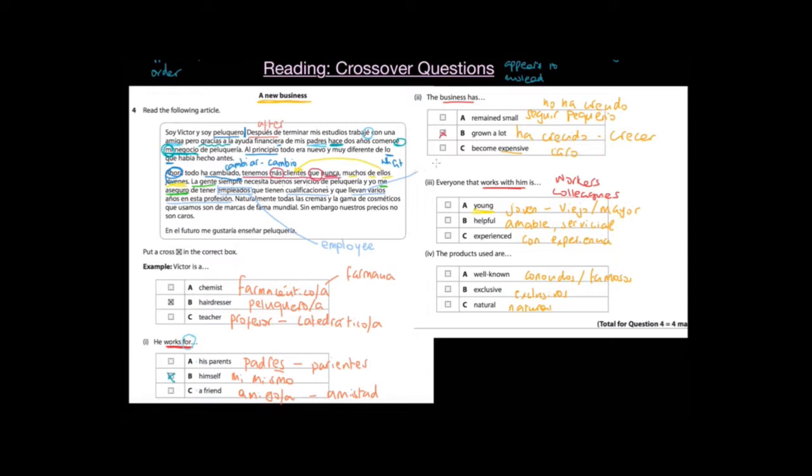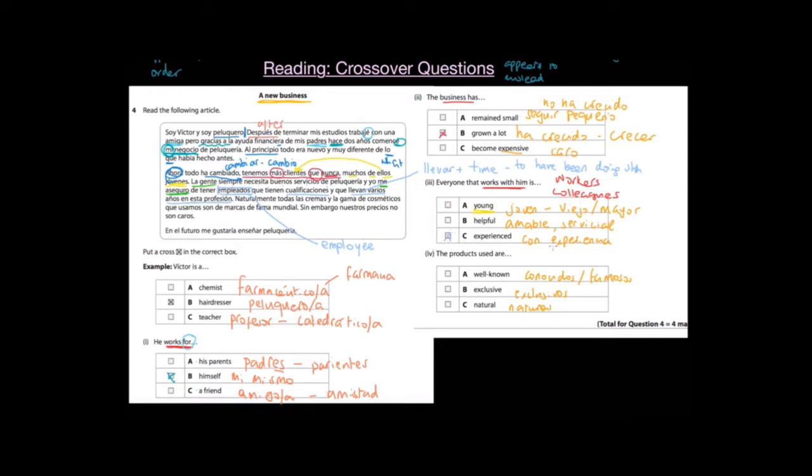Remember this expression, llevar: llevar plus an expression of time is to have been somewhere or doing something for however long. Okay, so if the employees have got qualifications and have been in this profession for several years, they are experienced.